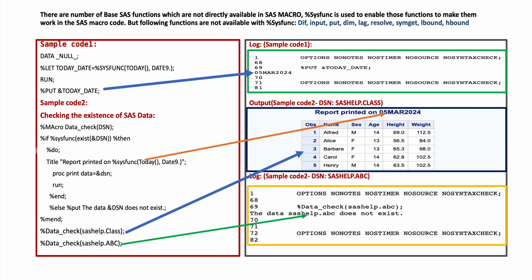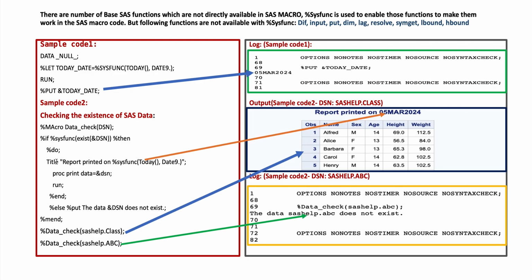We use the condition %if %sysfunc(exist(&DSN)) %then. That means if this dataset &DSN, whose value we will provide at the end of the macro call, exists, then do the following step.